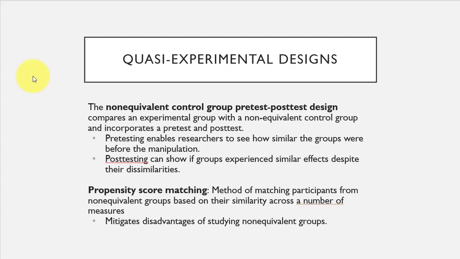In a pretest, we can determine if the groups are different to begin with. And if we use a first and fifth grade or a first and ninth grade, whatever it is, there's probably going to be some differences between them. That's what we can measure. Then we can see if there's an overall difference after the intervention has been produced.